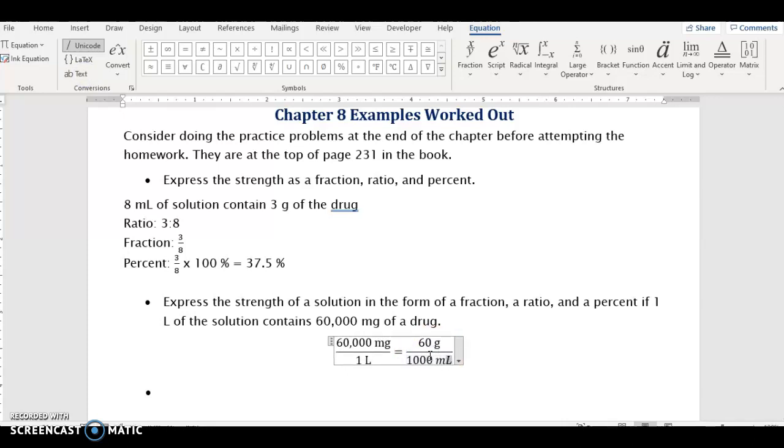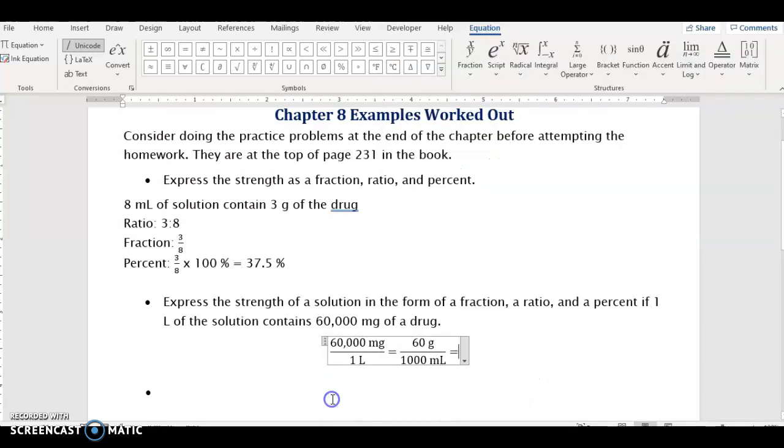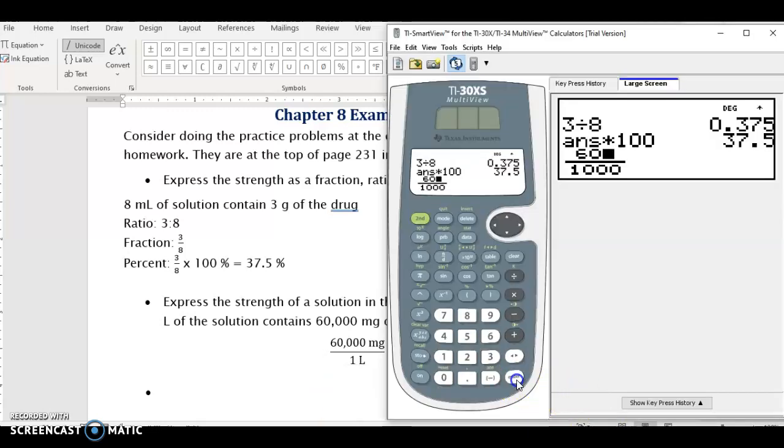So now we've expressed the strength of this solution as a fraction. However, the fraction is not simplified. If your calculator can handle fractions, we can attempt to type in the fraction, 60 over 1,000, and see what the calculator gives us.